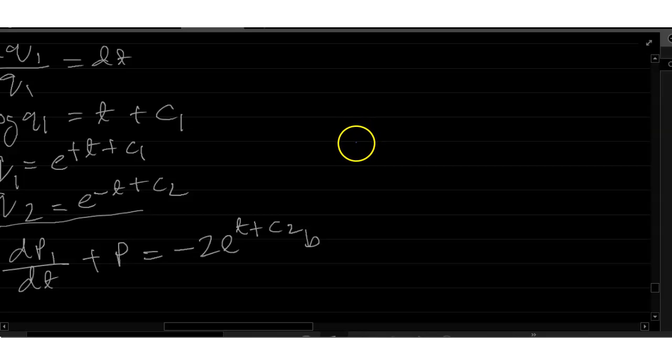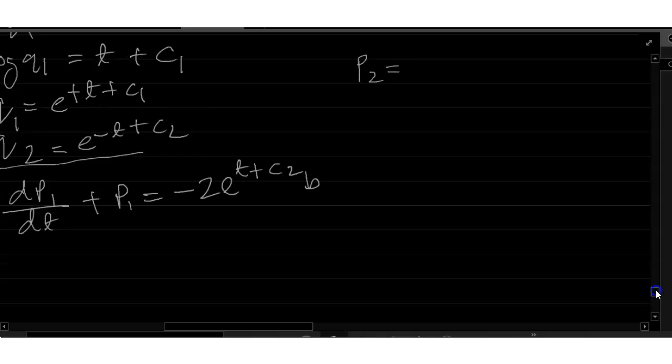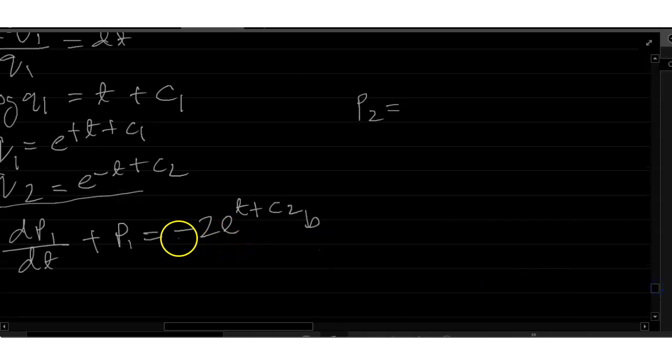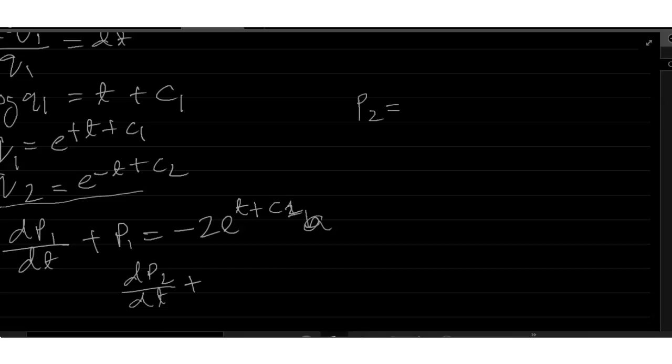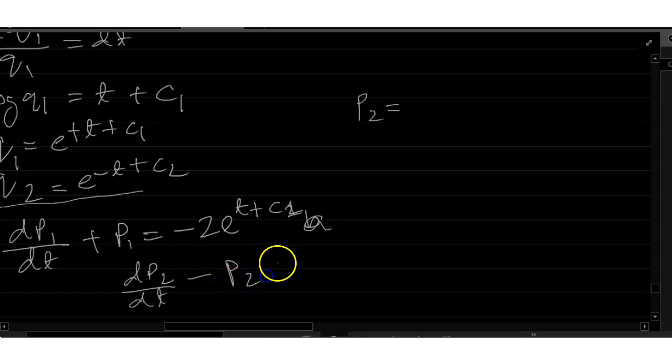After integrating, we get p2 equal to minus 2b e to the power t plus c2. dp1 equals p1 to a e to the power t, it is a not b, plus c1, and dp2 divided by dt is p2 equal to minus 2b e to the power t plus c2.